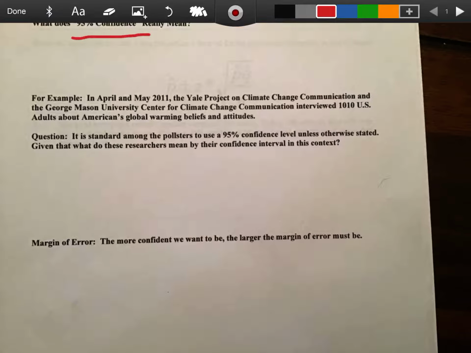What 95% confidence really means is simply that if we have a sample size of, like I said, 100, 95% of samples of this size will be captured from this true proportion.